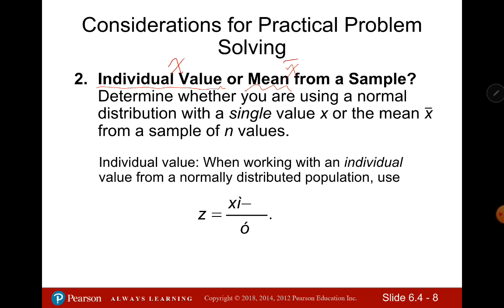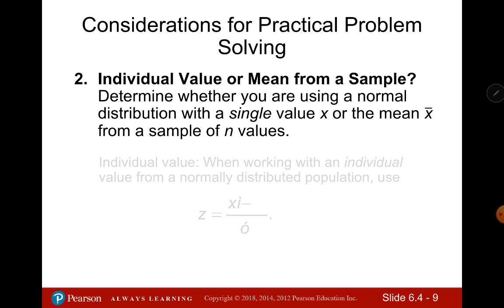So again, this formula is for the individual value x. Make sure you know this is x, the single value of x.